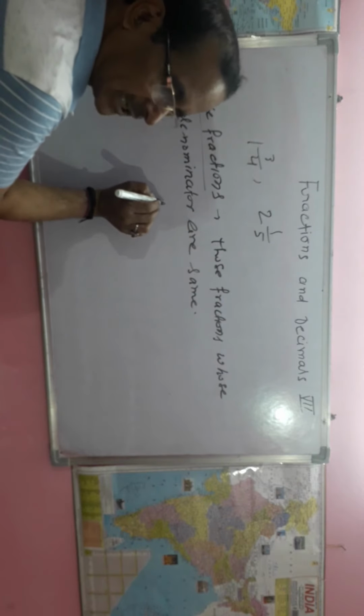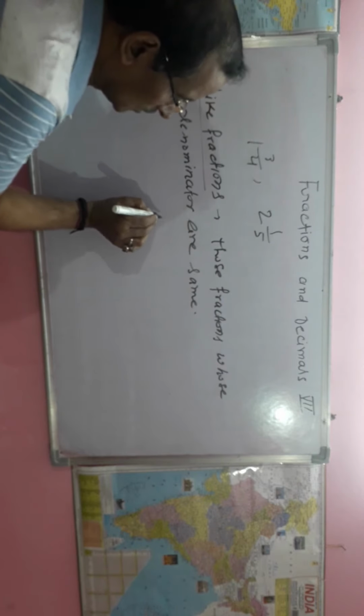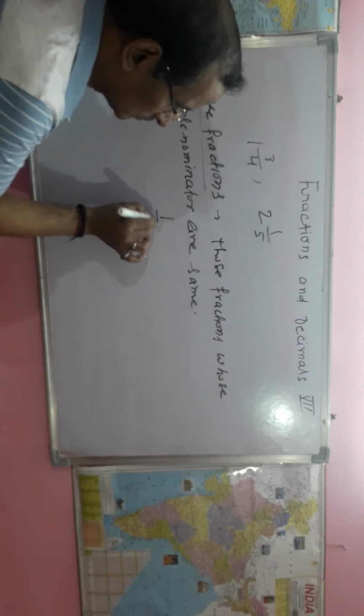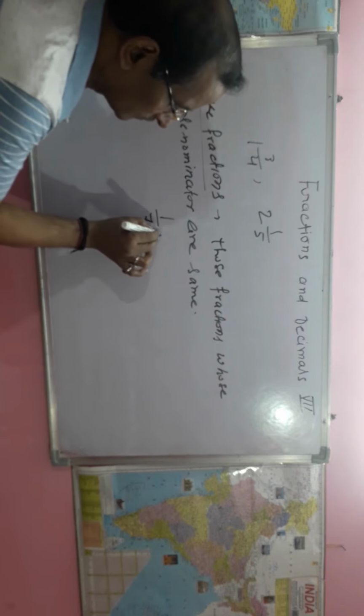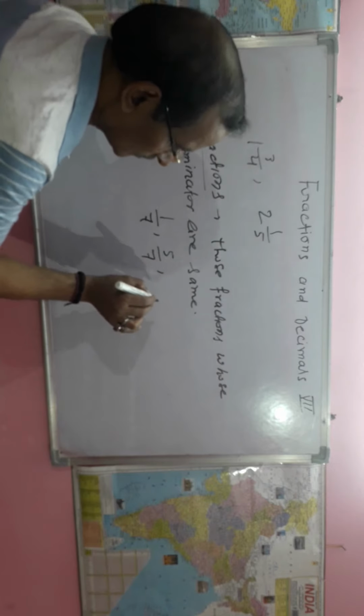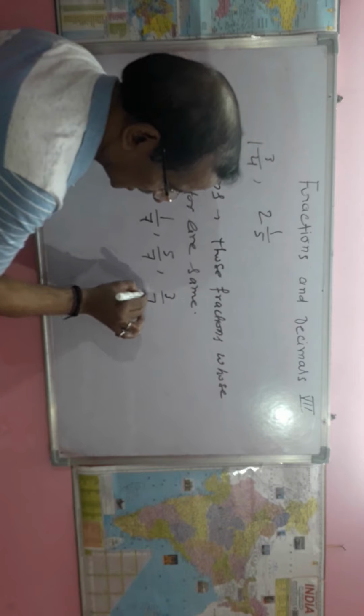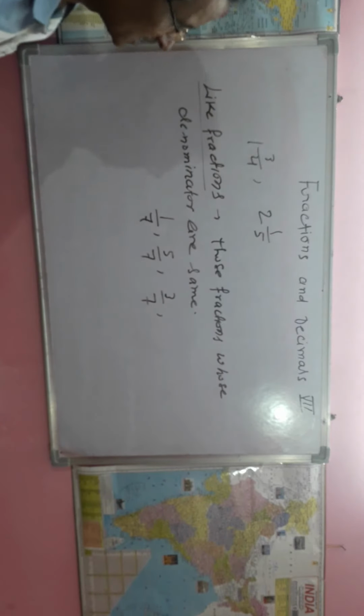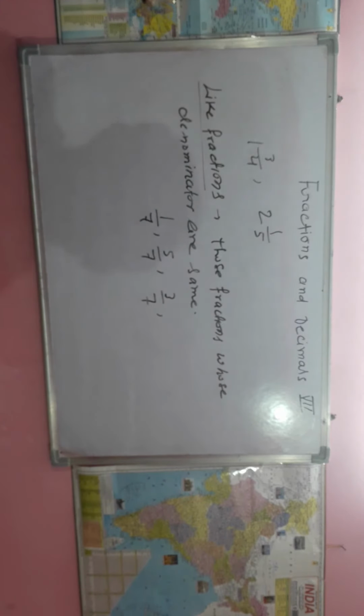Like that, we can take some examples: 1 upon 7, 5 upon 7, 3 upon 7. These are some examples of like fractions.